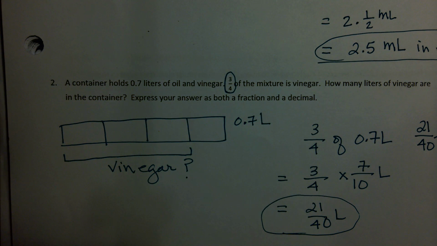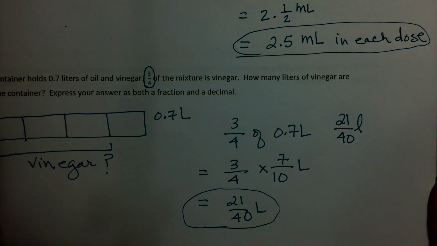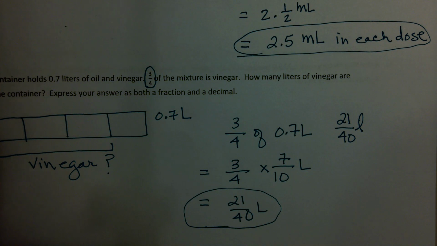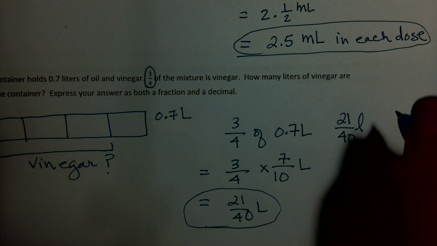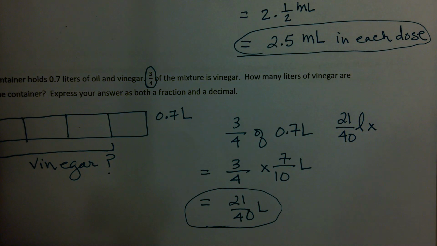So wait a minute, what do we know about converting it into that decimal? What are we always looking for? Tens, hundreds, or thousands, right? So what could we easily multiply 40 by to get either 10, 100, or 1,000?